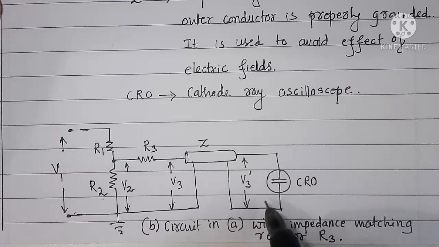But we can avoid the reflection itself. For that, we have to make use of another impedance matching resistor R4 across CRO terminals. That I will show in next figure.